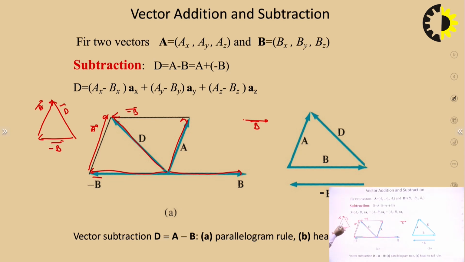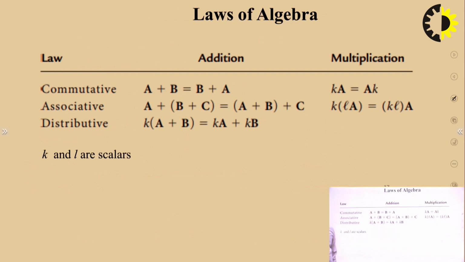So by using the head to tail rule, the resultant vector d is equal to vector minus b plus vector a. So the resultant vector d is equal to vector a minus vector b. By using the head to tail rule and the parallelogram rule, we can easily add and subtract two vectors. The laws of algebra also follow in the addition and multiplication of vectors.